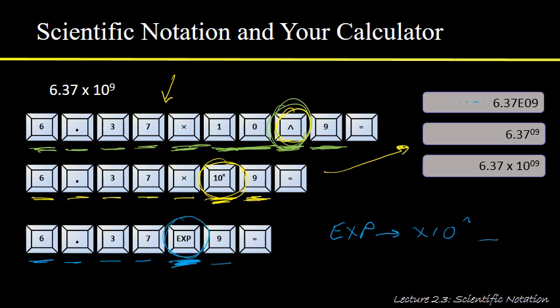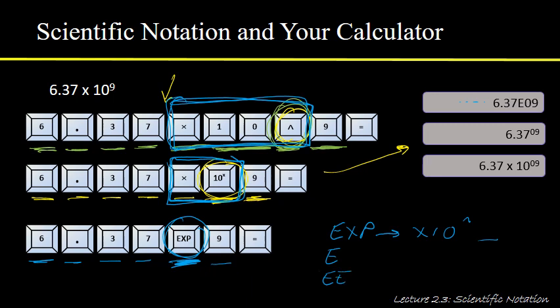So this EXP button does the work of this whole set of keystrokes here. And it does the work of the whole set of keystrokes here, right? Some calculators don't have an EXP key. On some of them, it just says E, and on some of them, it says EE, right?